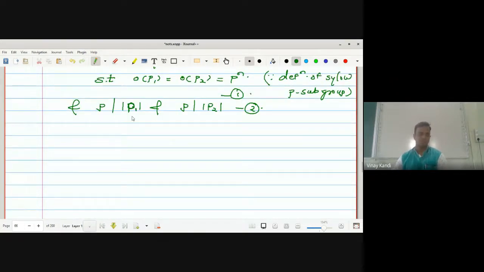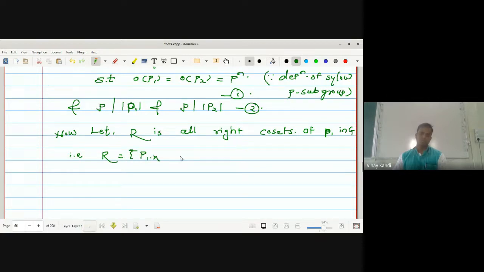Now let capital R be the set of all right cosets of P1 in G. That is, R is nothing but P1 x. We write G by H as the coset, right?